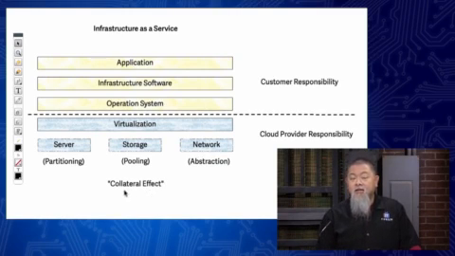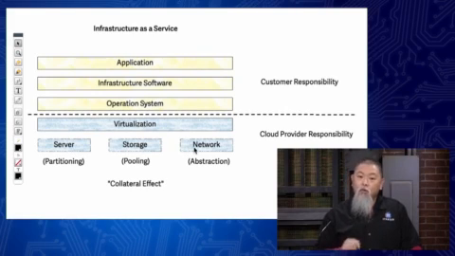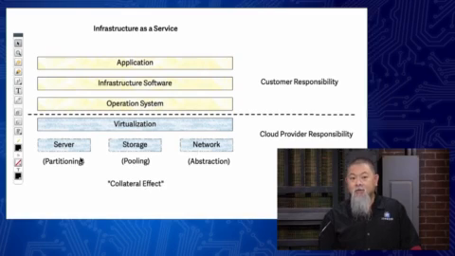But the idea of the collateral effect is simple: Vaughn, if you choose to do this, the underlying infrastructure that the cloud provider is providing for us hides the technicality of how they do it, okay? So you're working with what is representative in terms of the virtualization, but the way that it actually works in the background, they're hiding it from you, so you're actually doing a collateral effect here. You're manipulating software. The cloud provider is saying, all right, I can get this to work together.